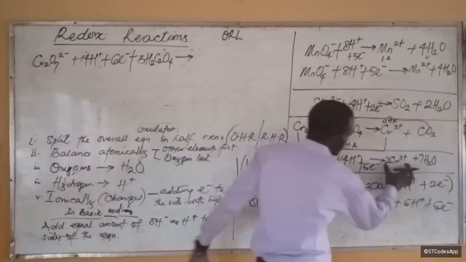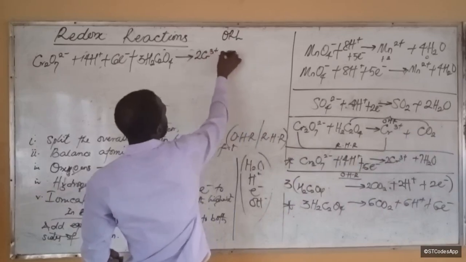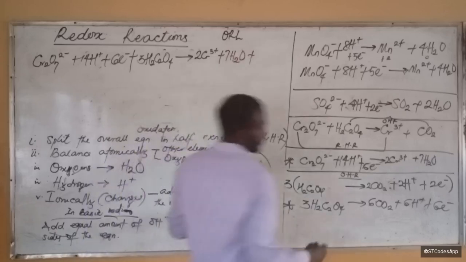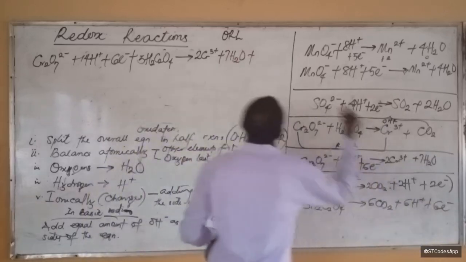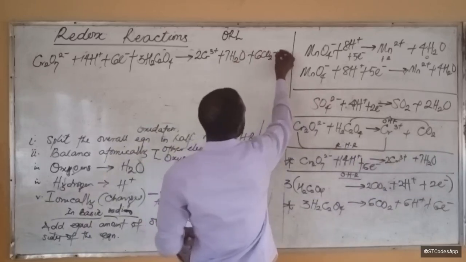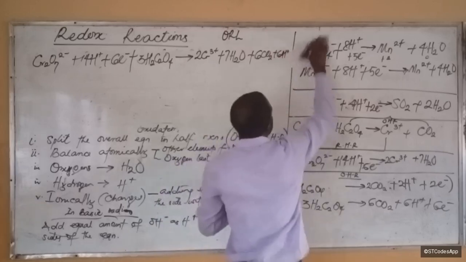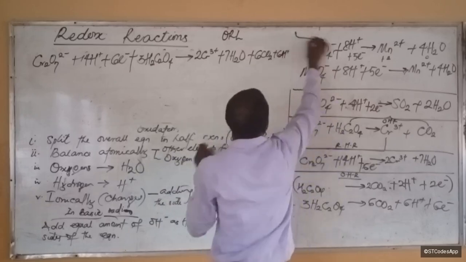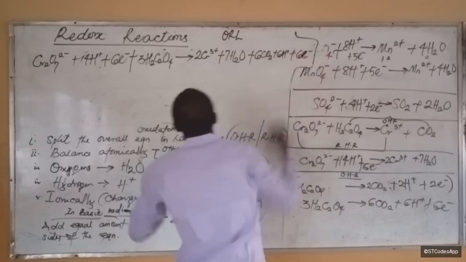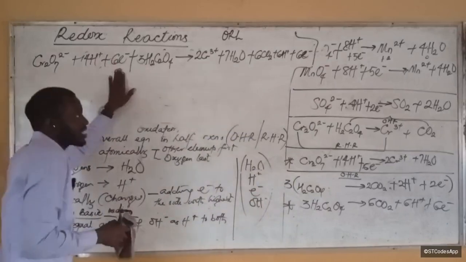Product side, we have this plus water, 2Cr3 plus, 7H2O plus this side, 6CO2 plus 6H plus, then plus 6 electrons. So you now see here that our reaction has electrons on this side, electrons on this side.